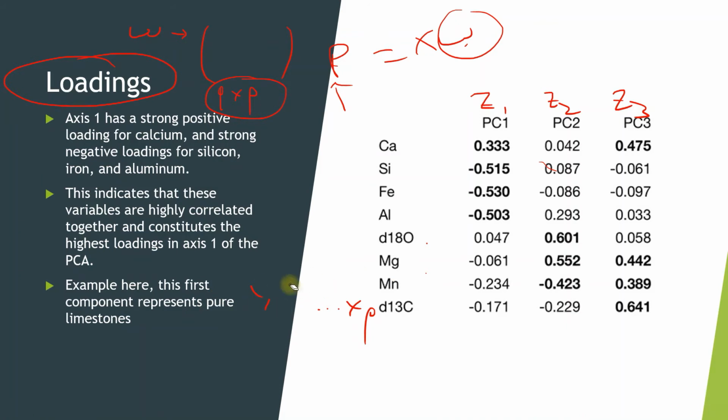For example, here, according to this example, you will see that the highest magnitudes are here for Z1 for these different variables, which are chemical components.